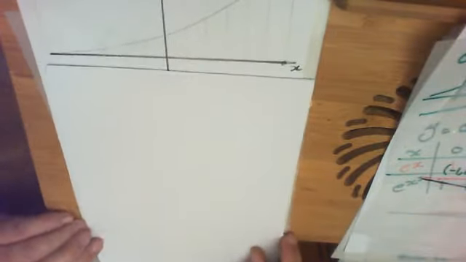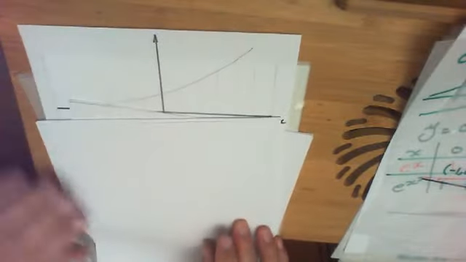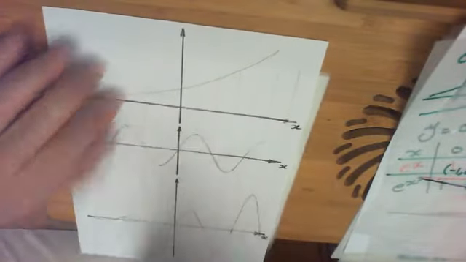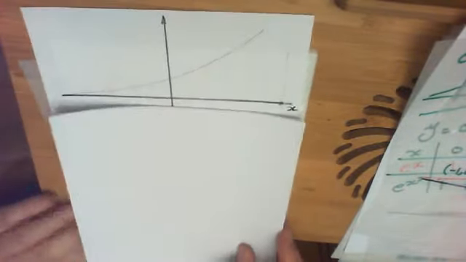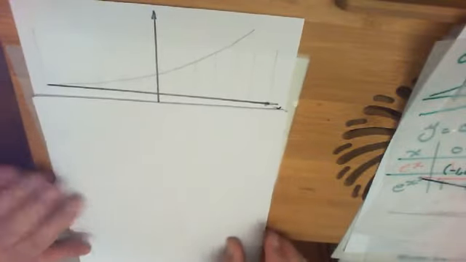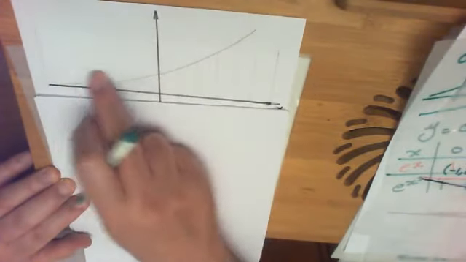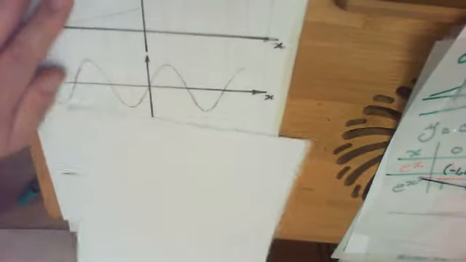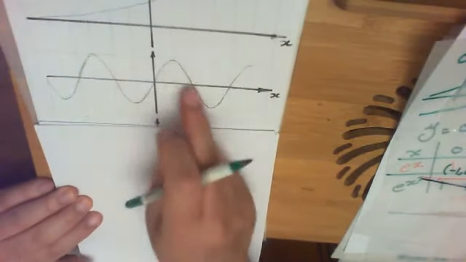E to x is something like this. This is e to x. Sin x is like this. This is sin x.